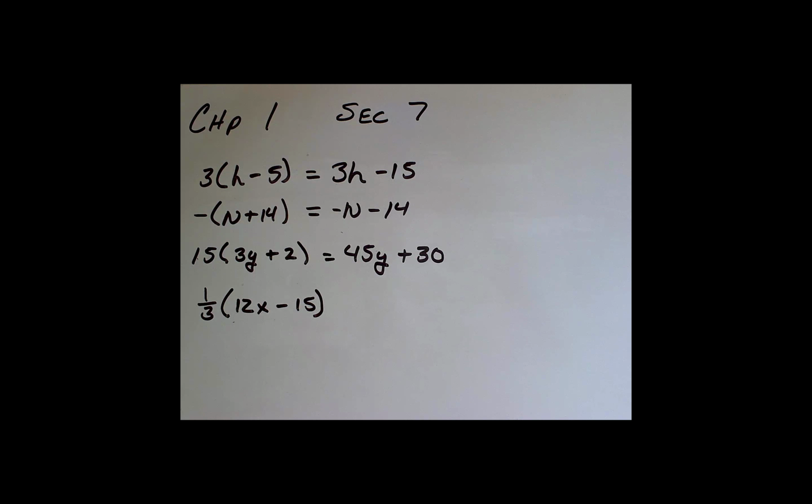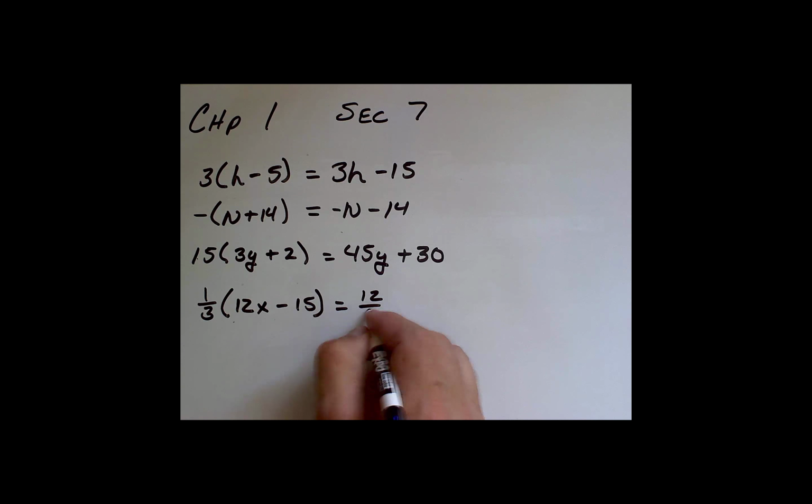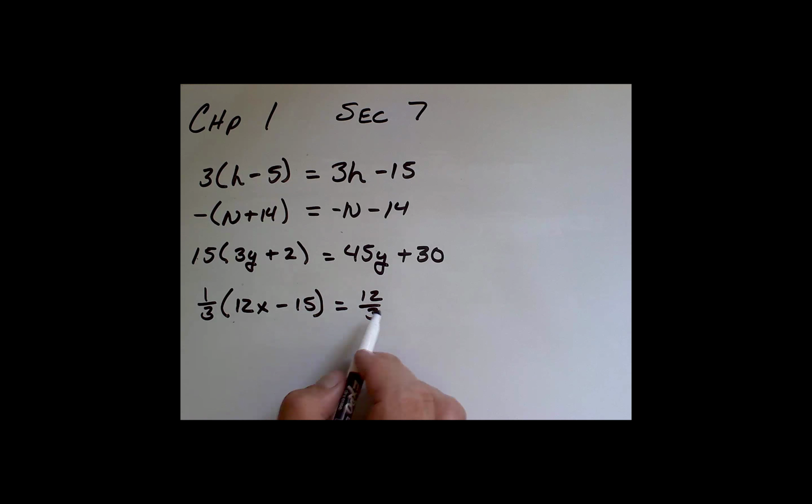We're going to do the same thing here. Now, when we multiply a number times a fraction, remember that the number actually gets multiplied by the numerator. So this could be written out here as 1/3 times the coefficient of this term, which is 12. So 1/3 times 12 would be 12 over 3, and then we'd put our x out here.